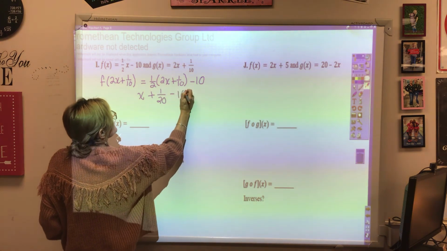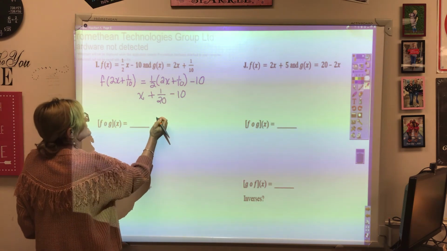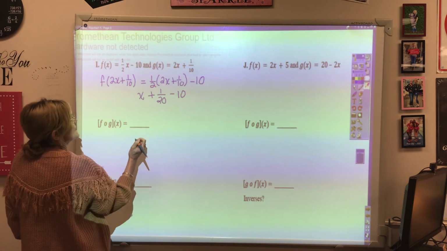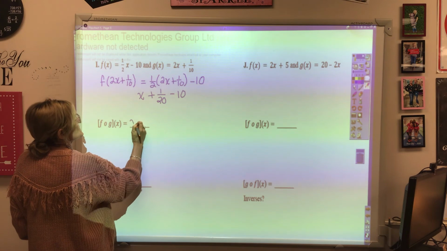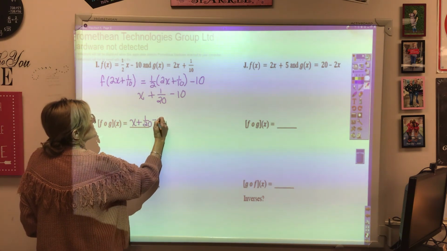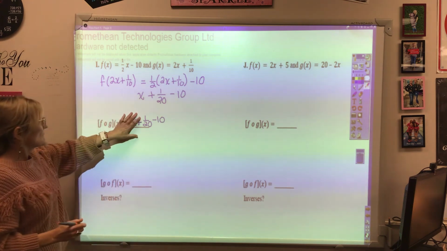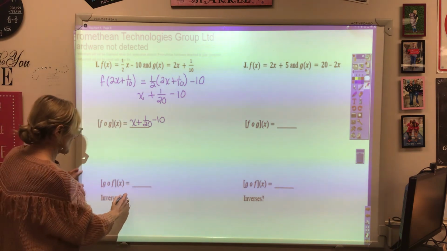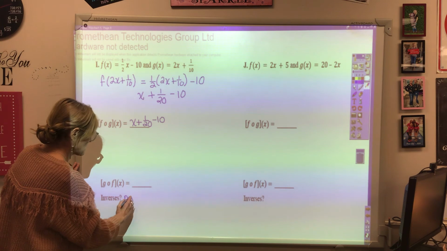Then we have a minus 10. Well, 1/20 minus 10 is not x. So this is what my answer is. Since that does not equal x, these are not going to be inverses. So just put a no down there.